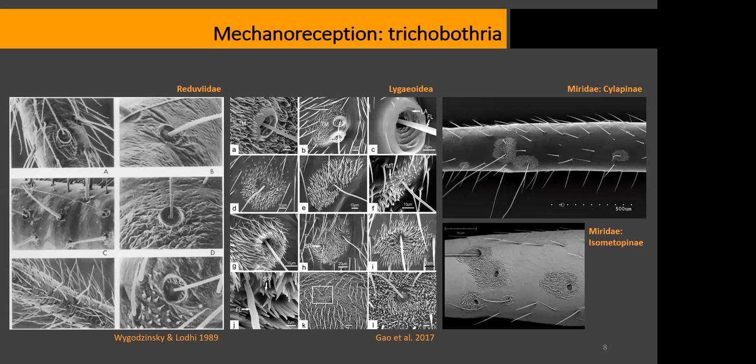The trichobothria are located on the head, antennae, as in the case of Reduviidae, scutellum, labium, and abdomen, for example, in Lygaeoidea. And in the Miridae, 3 to 8, rarely more, trichobothria are located on the lateral and ventral surfaces of the meso- and metafemora. This is an important diagnostic feature of this family.